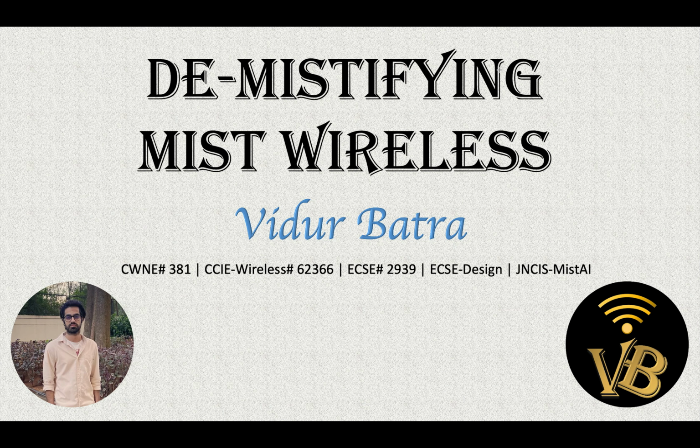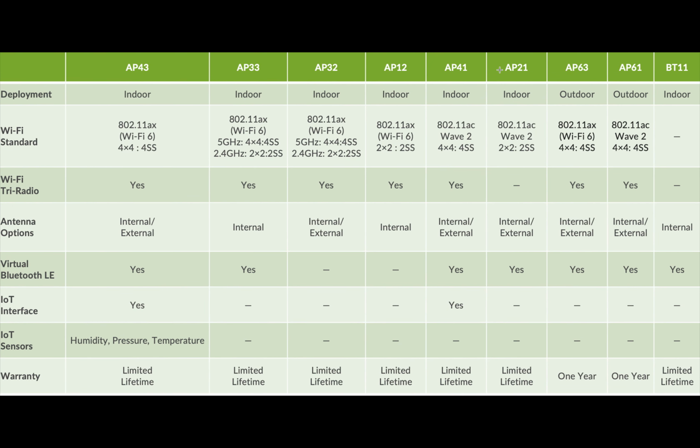Okay. So now what I want to do is I actually want to spend time explaining which AP is suitable for which deployment. Okay. When we talk about AP12, I said it's a wall plate AP. It's a low-grade 2x2 AP, which is specifically used for the hotel industry. If you talk about the Marriotts, the IHG hotels, all those hotels have one AP in the room.